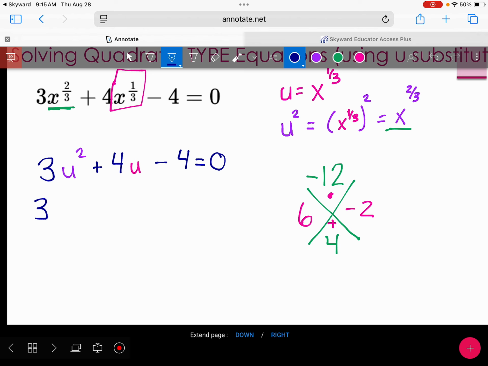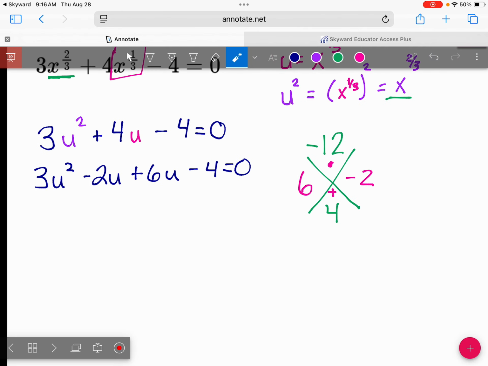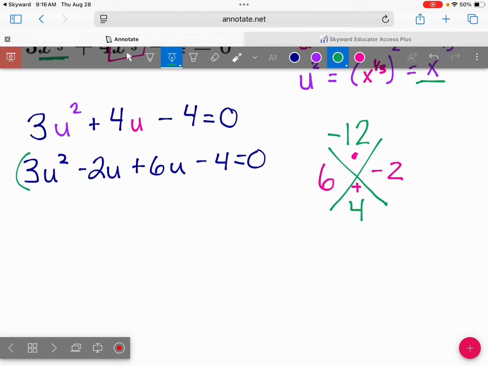So we'll have 3u squared minus 2u plus 6u minus 4. Be really careful when you're doing this. If you do it with grouping, make sure you're putting the middle term as u here. Don't randomly switch it to x's. You'll get confused. Because then we're going to factor it. And again, I don't care how we factor, just that we factor. I'm going to do mine with grouping.